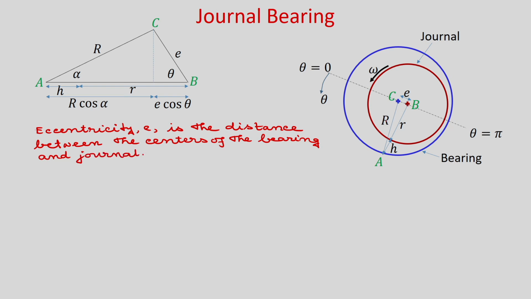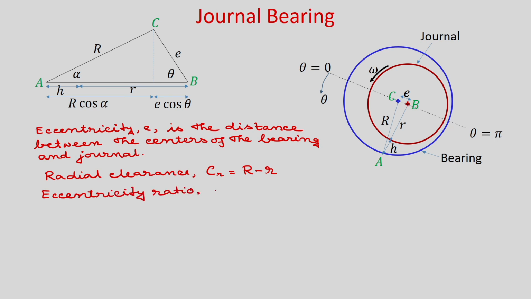And the difference between R and small r is known as radial clearance. So we are defining radial clearance C r as R minus r. Okay. So we will define eccentricity ratio epsilon as E, which is your eccentricity, divided by C r.